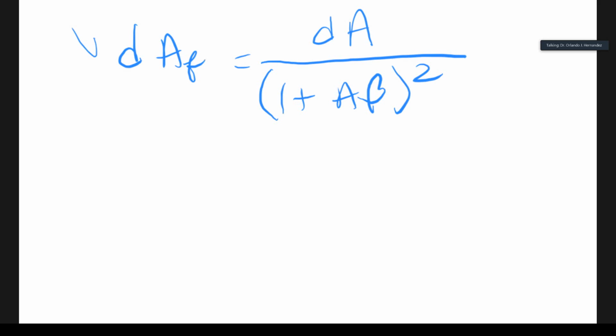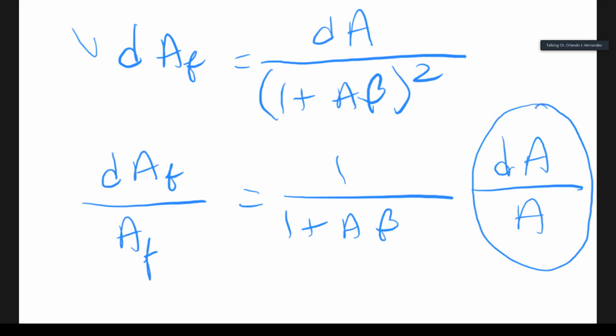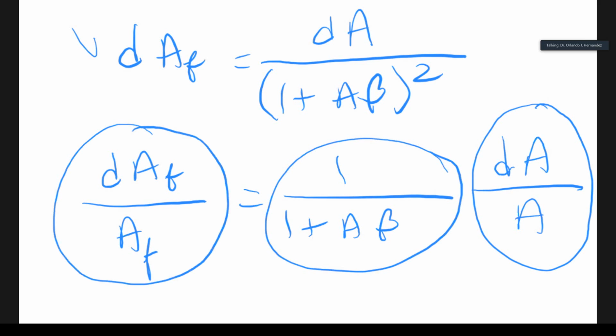So another way of looking at that is as a percentage: a change in closed loop gain divided by the total closed loop gain is equal to this factor times the change as a percentage of the open loop gain. So if I have a change in open loop gain, it's going to be reduced by this factor to get me the change in the closed loop gain, which is what I care about.